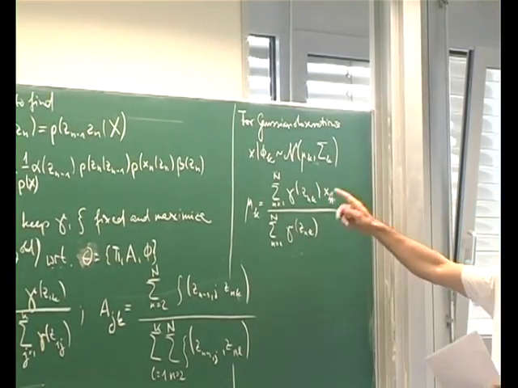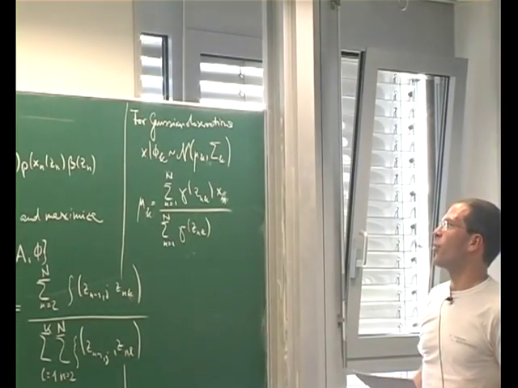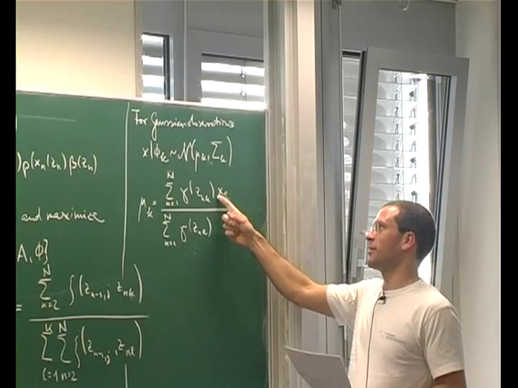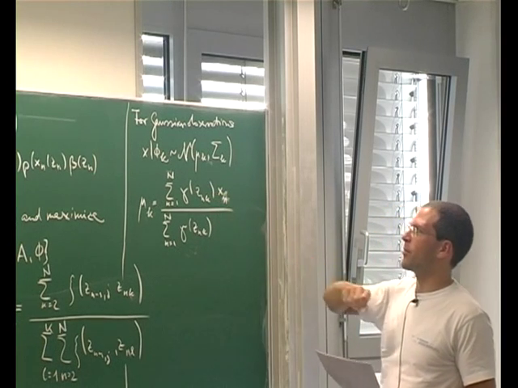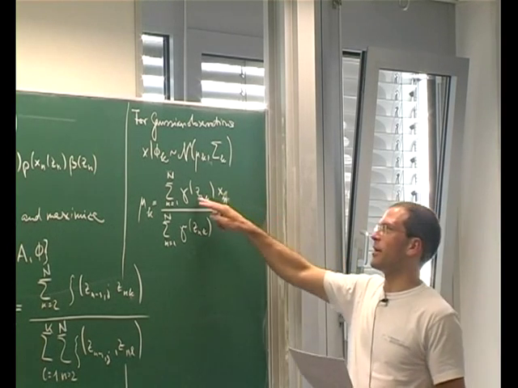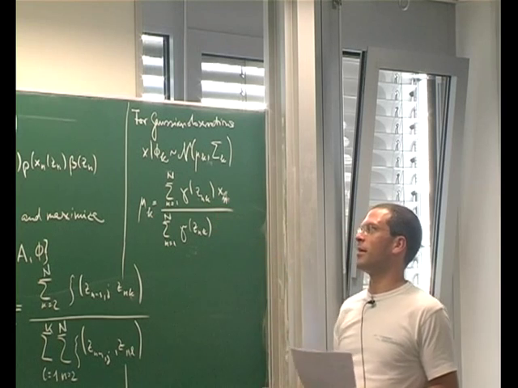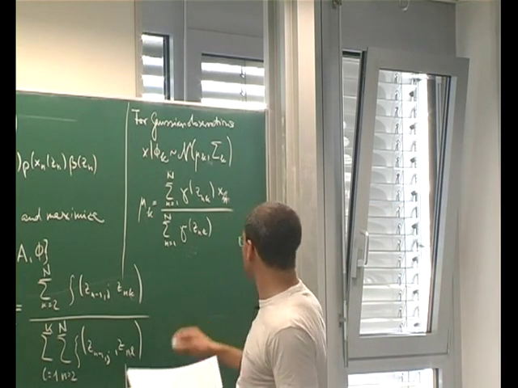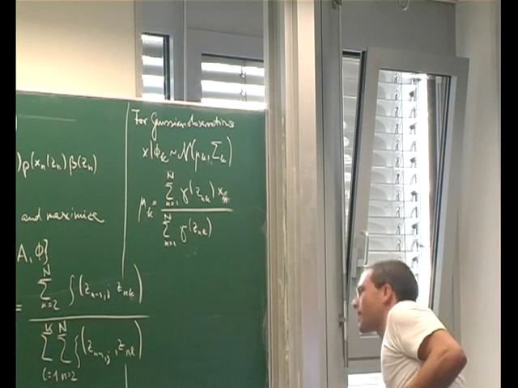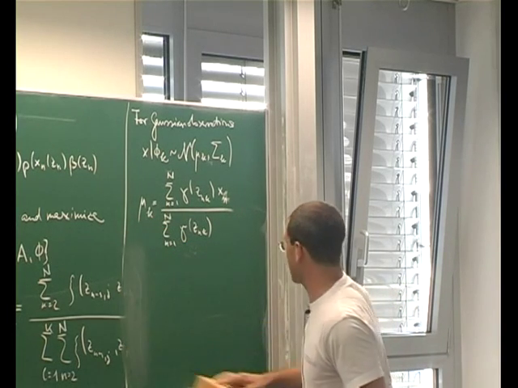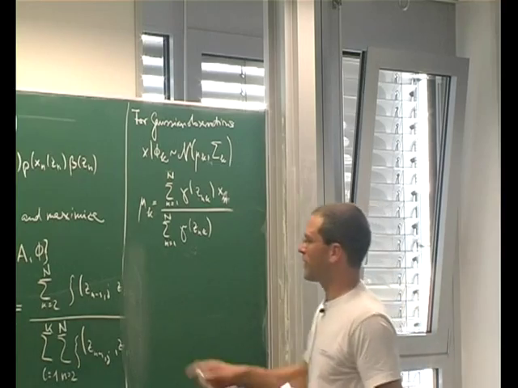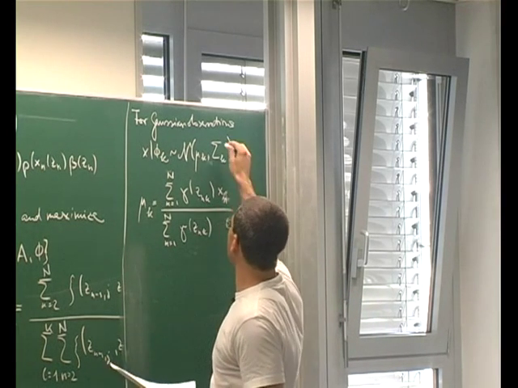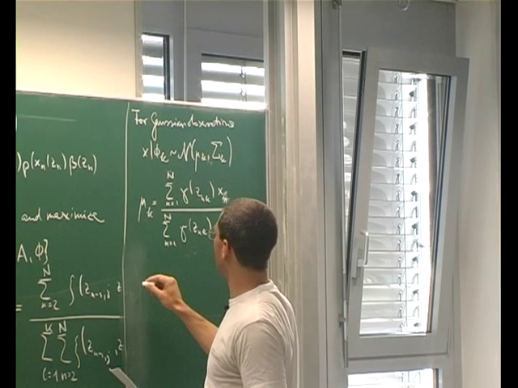If you squint, this is just a weighted mean of your observations, where each observation was weighted with the probability that you think it was generated from hidden state number k. That makes sense, I think. And the same weighting factors can also be used in the computation of this covariance matrix here.